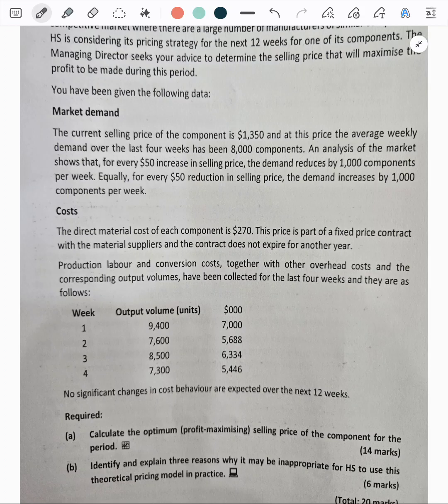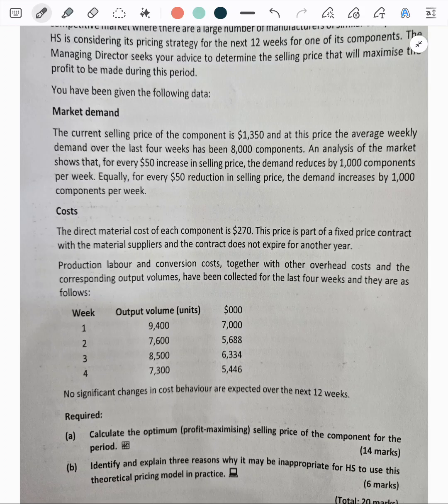Costs: the direct material cost of each component is 270, and this price is part of the fixed price contract with the material suppliers, and the contract does not expire for another year. Production, labor and conversion costs together with the other overhead cost and the corresponding output volumes have been collected for the last 4 weeks.